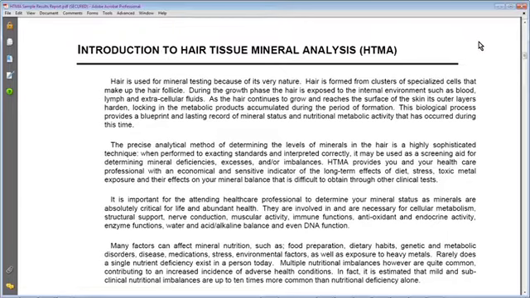As the hair continues to grow and reaches the surface of the skin, its outer layers harden, locking in the metabolic products accumulated during the period of formation. This biological process provides a blueprint and lasting record of mineral status and nutritional metabolic activity that has occurred during this time. The precise analytical method.